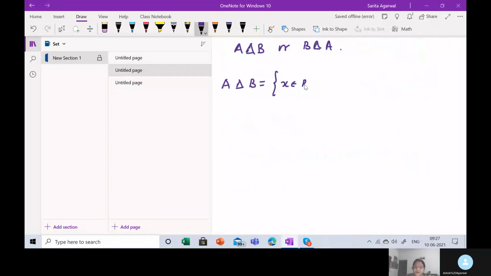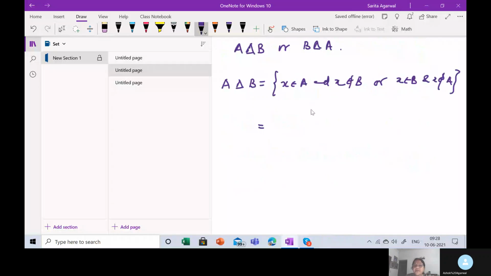x belongs to A and x does not belong to B, or x belongs to B and x does not belong to A. We can say x belongs to this or this.